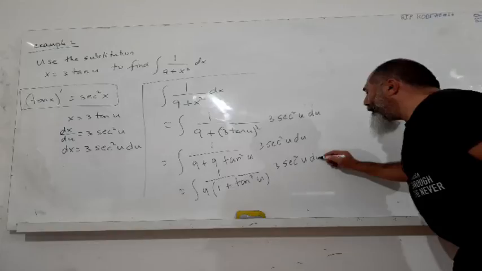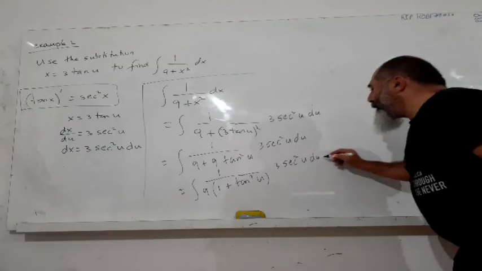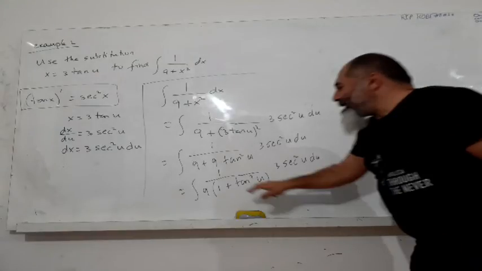Do we know the expression for 1 plus tangent squared u? Yes, it is sec squared u.